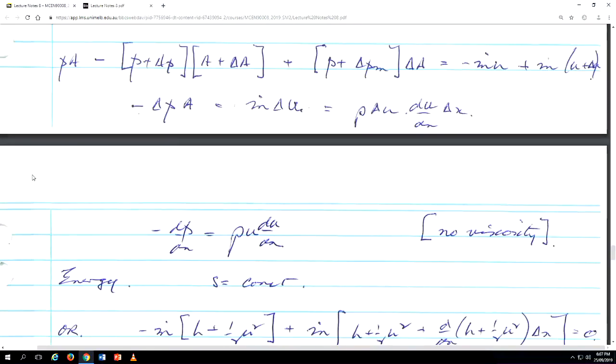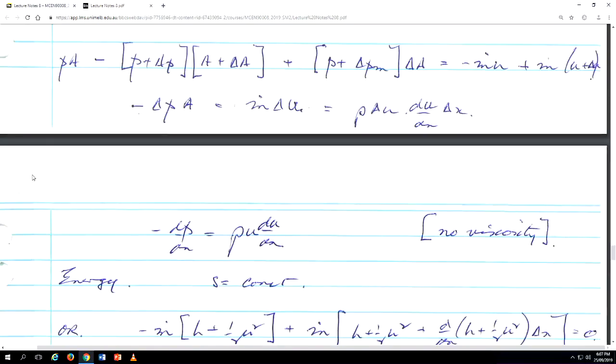They will cancel. So I have minus dP/dx on the left-hand side, and on the right-hand side I have rho u du/dx. And that's just a statement, we've seen it before, that the pressure gradient is related to the change in the velocity. This is the force acting, and this is the change in momentum. It's a consequence of the fact that there's no viscosity, so there are no viscous stresses.